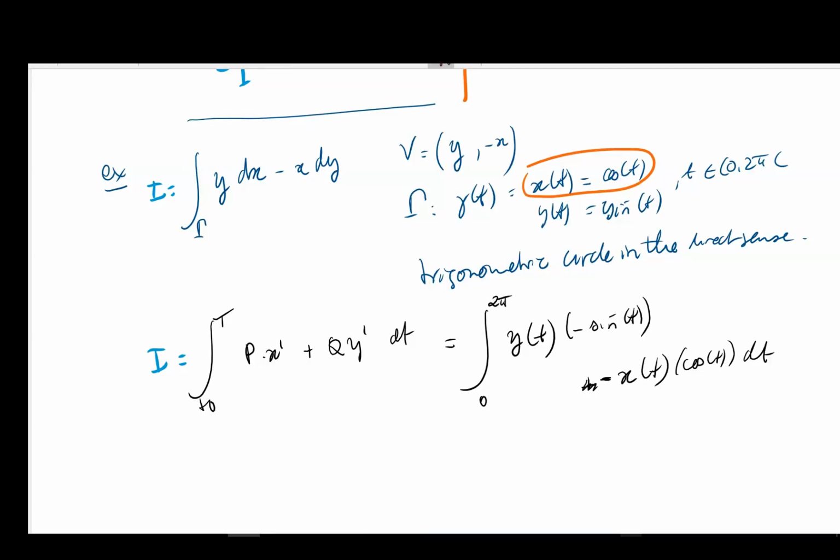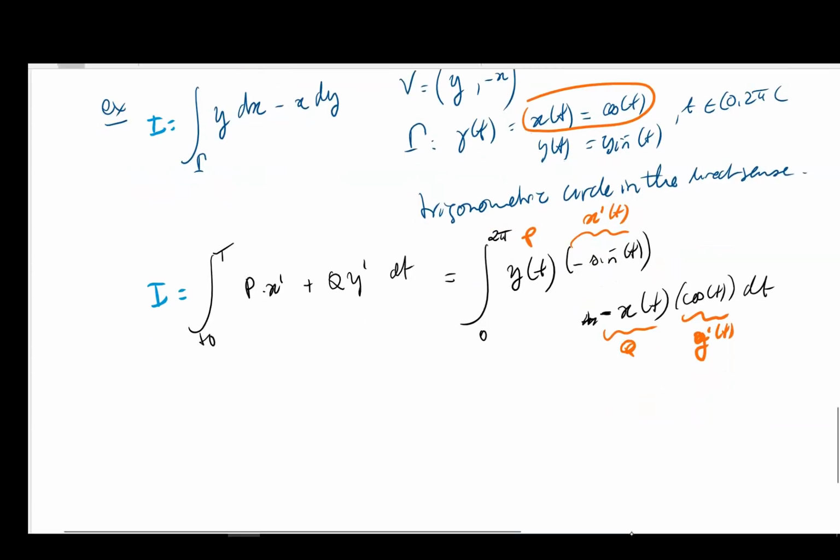Let me just put subtitles here. So that was x prime, that was y prime, and that was x prime of t. That was p, and that whole thing was q. But still I've got the y of t and x of t, but we know exactly what x of t and y of t are on that curve.